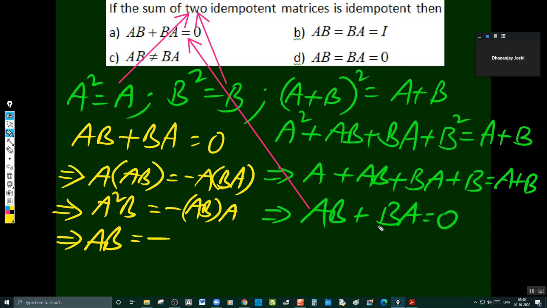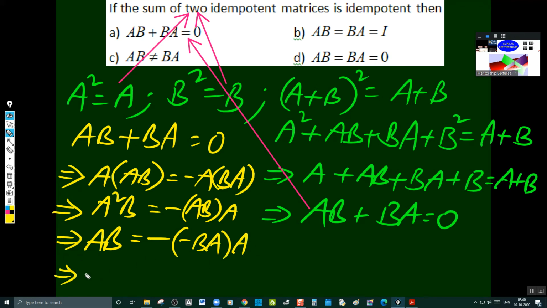From this one, minus AB can be written as BA. So what do I do? I replace AB here with minus BA into A.